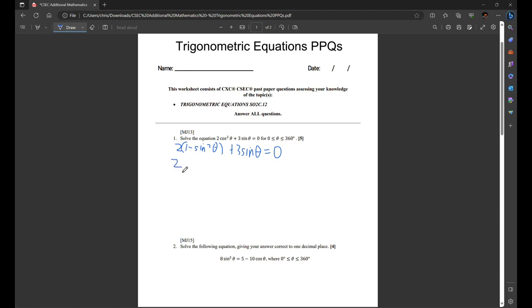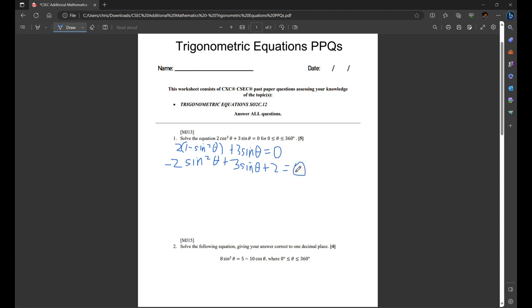So that's going to be 2 sine squared theta, oh sorry, there should be a negative sign here, almost forgot, negative 2 sine squared theta plus 3 sine theta plus 2 is equal to 0.